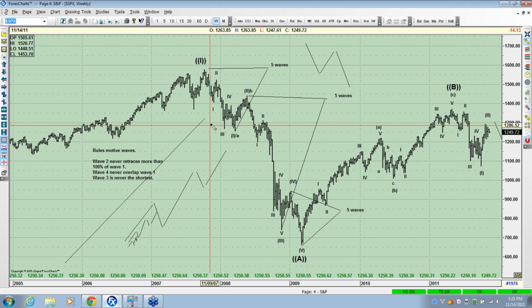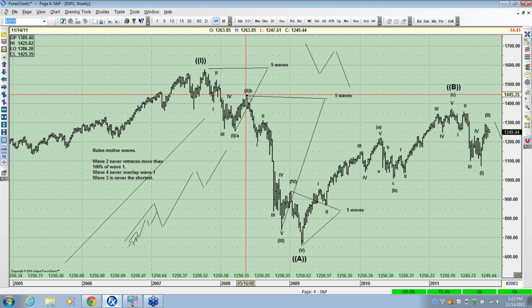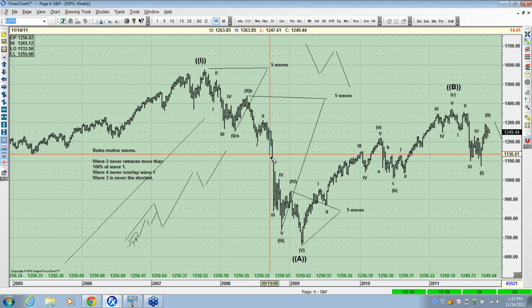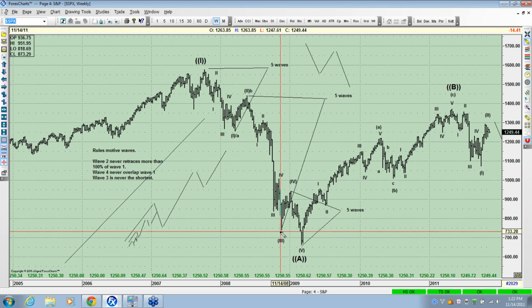So technically, a new trend started here on the S&P. And then you see 1, 2. You see how wave 2 do not pass the beginning of wave 1. When you see that wave 3 is not the shortest. And when you see that wave 4 do not overlap wave 1. That's enough to call this another cycle of 5 waves.